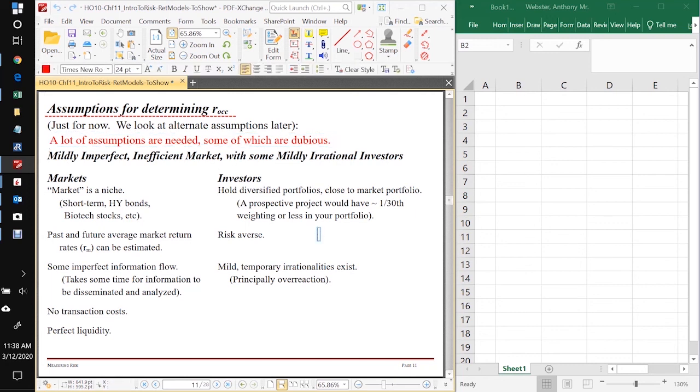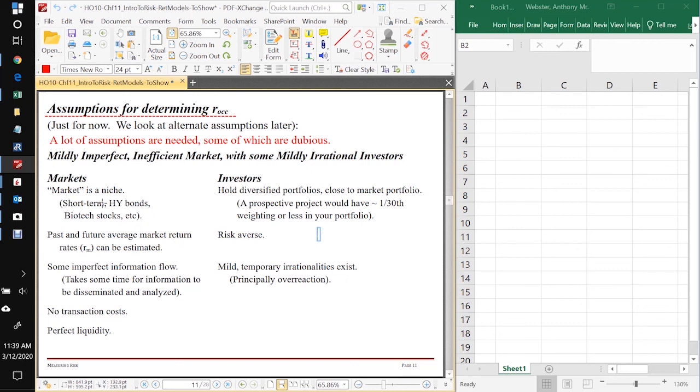In general, to apply this model and get our opportunity cost of capital with it, we have to assume what in finance is considered mildly imperfect, inefficient market conditions with some mildly irrational investors.